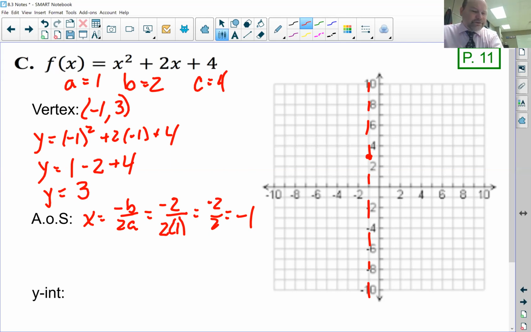My y-intercept is 0 and then whatever C is, in this case 4. Because I have a y value of 4 when I'm 1 unit to the right of my axis of symmetry, I'll have y equals 4, 1 unit to the left as well. And we can see A is 1, so we have that over 1, up 1 pattern, then over 1, up 3. And if I had room, I could go over 1, up 5.